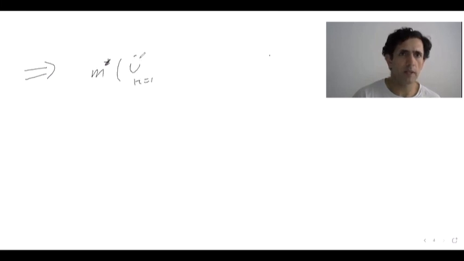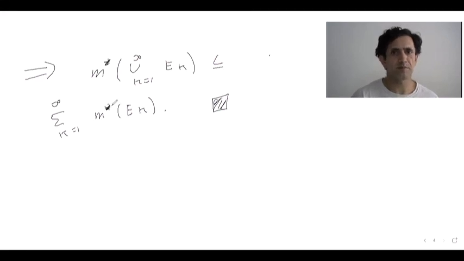It must be that the outer measure of the union is less than or equal to the sum of the outer measures. Okay, and that finishes the proof.